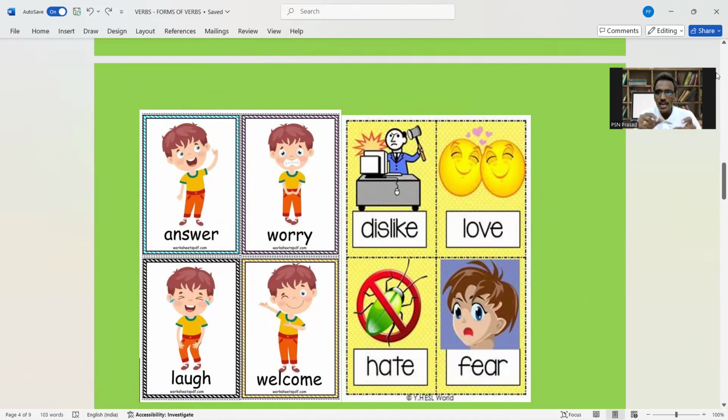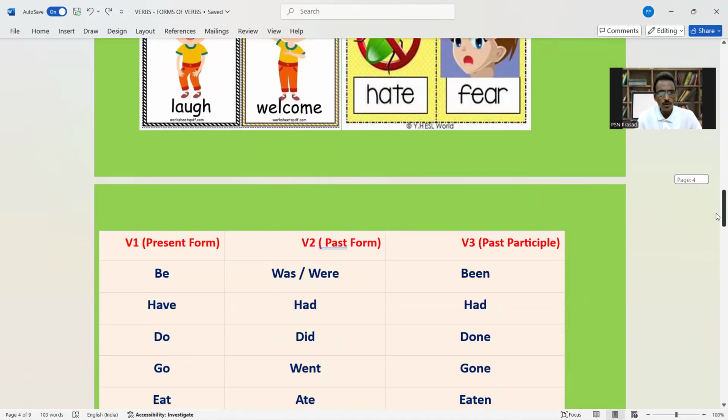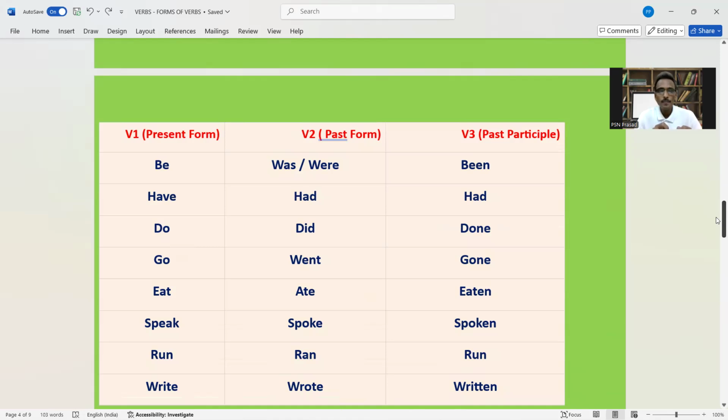So like this, there are two types of verbs. That is point one. And coming to the second one, as I told you, every verb has to be placed in three forms: the present form, past form, and the past participle form. So the V1, V2, V3.